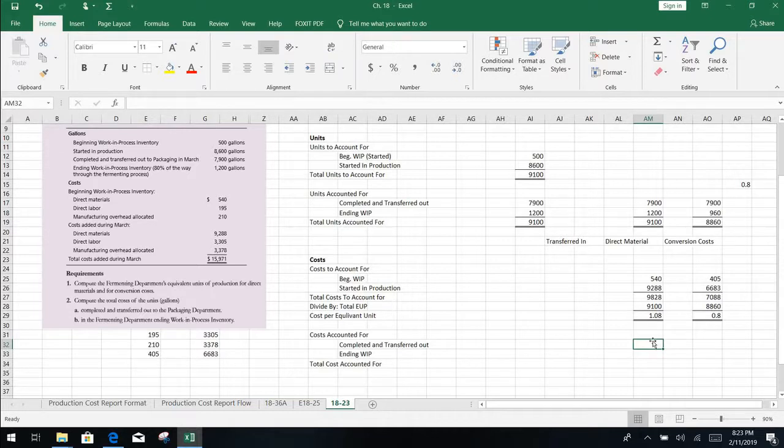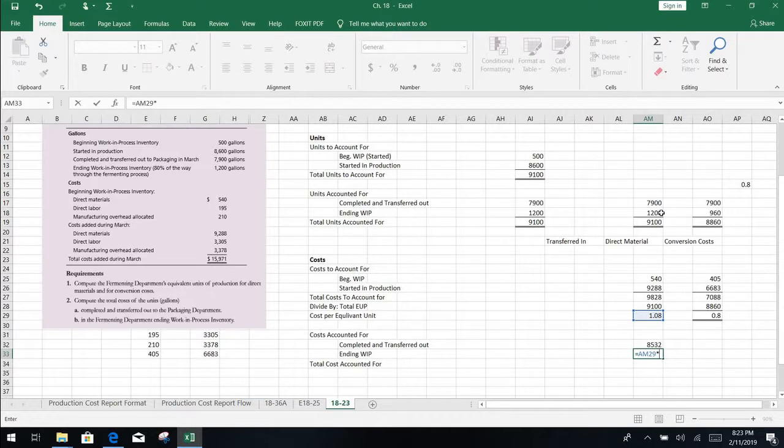For completed and transferred out, we're going to take equals our value multiplied by completed and transferred out. It's right there, but we're going to stay in our lane, remember, and press enter. And ending WIP, let's do equals our value multiplied by, stay in our lane, it's 1200.